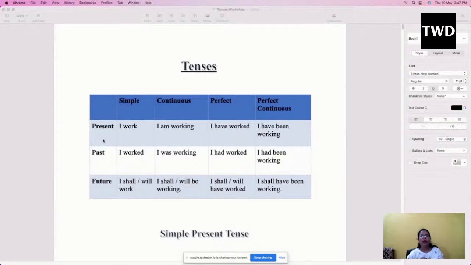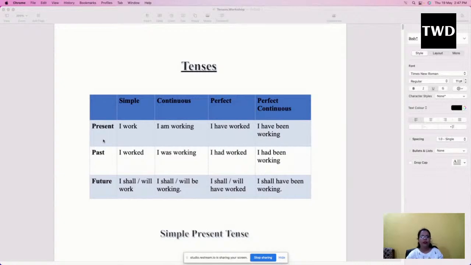In the same way, under past tense we have got past simple, past continuous, past perfect and past perfect continuous. Same is applicable for our future tense, that is future simple, future continuous, future perfect and future perfect continuous, right?